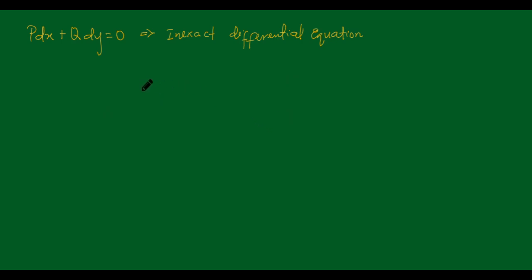Now, in order to convert this inexact differential equation to an exact differential equation, we'll multiply this differential equation by an integrating factor. Let's call our integrating factor f.